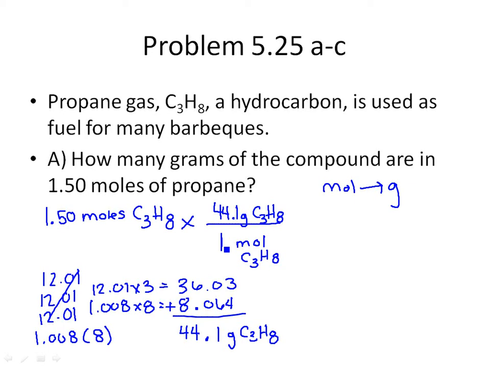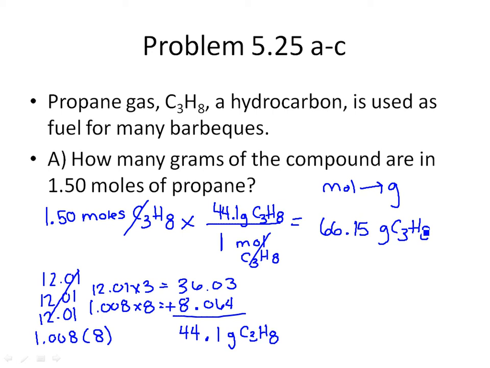Whenever we use the periodic table to come up with molar mass, it's always based on 1 mole. So now our moles will cancel. And when you do the math here, 1.50 times 44.1, we get about 66.15 grams of C3H8.